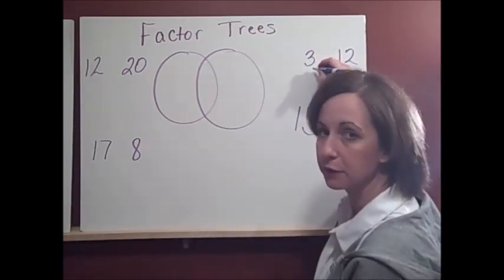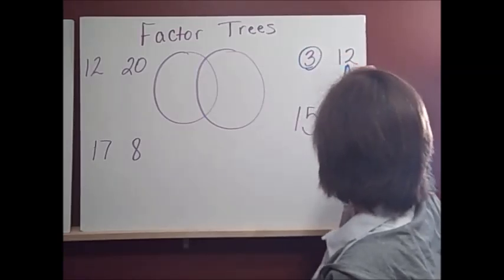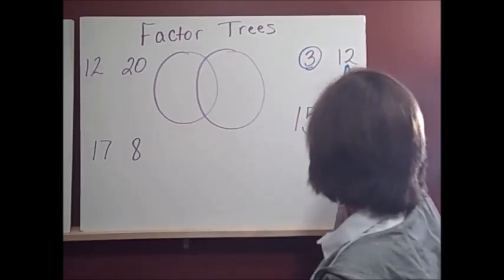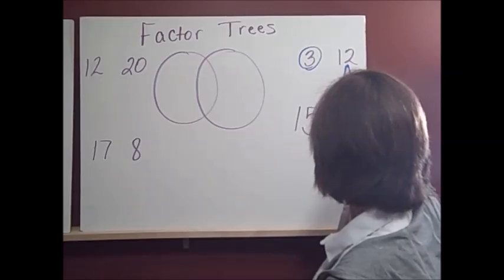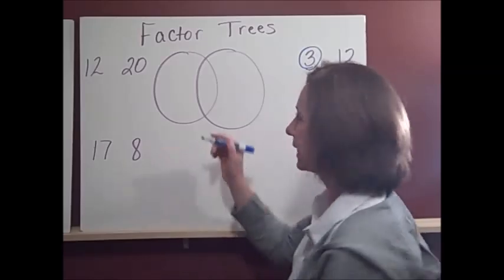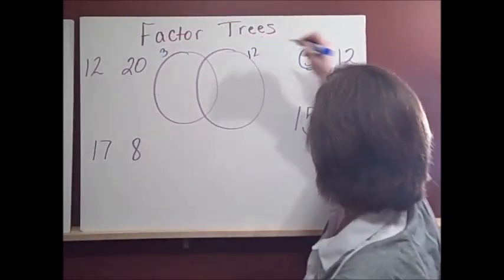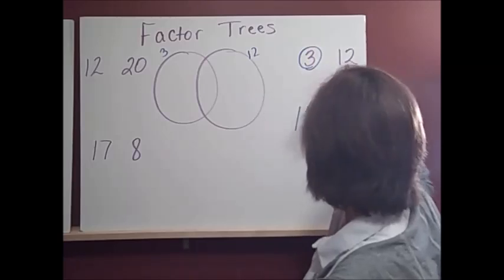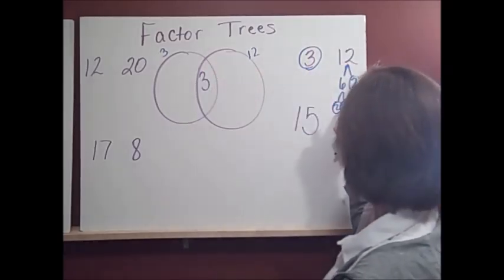This does not need a factor tree because it's already prime. So I'm simply going to circle it and do the prime factorization of 12, which ends up with a 2, a 2, and a 3. So if I go to my Venn diagram, like you'll remember, and this one represents 3, and this one represents 12, 3 and 3 are both in both of these factorizations.